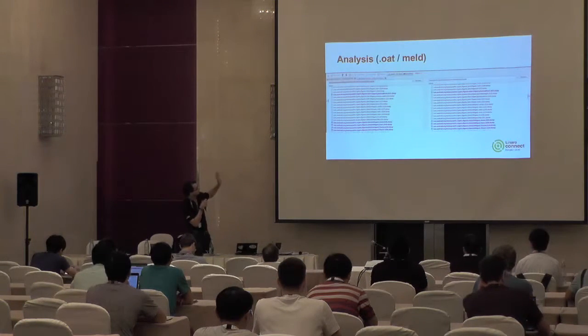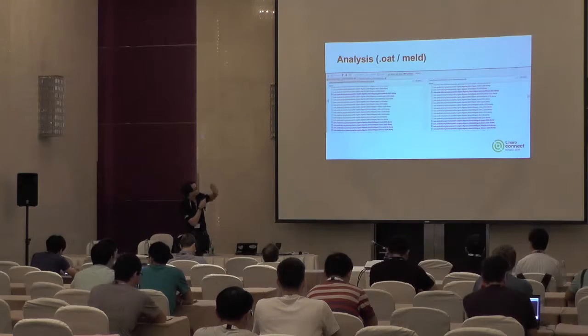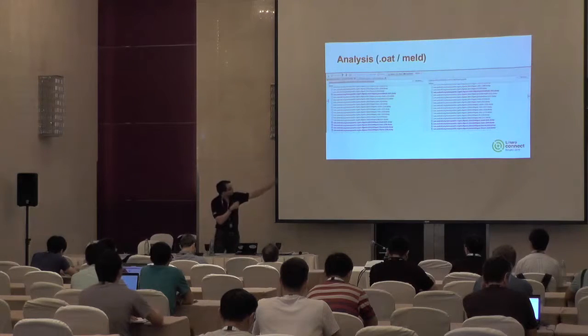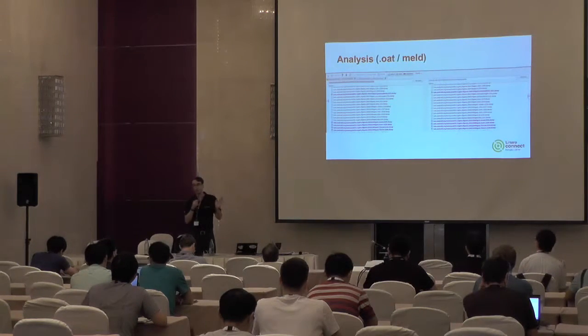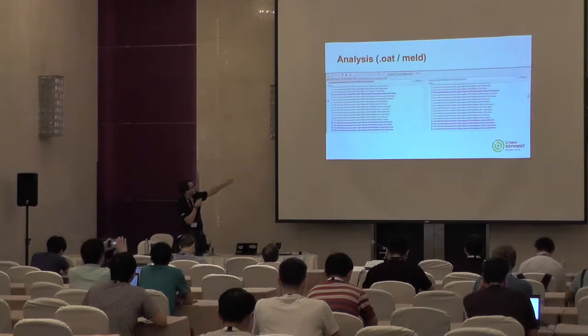So you can't read the text, don't worry about that, but every entry in this before on the left and after on the right is a method in boot.oat. So all of your Android frameworks, your core libraries. This is an example of what's changed in Bouncy Castle crypto classes. This is expected.